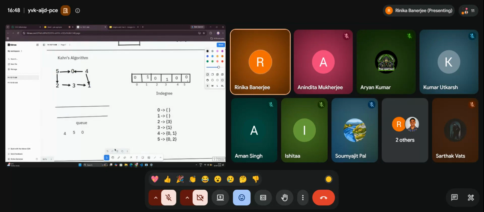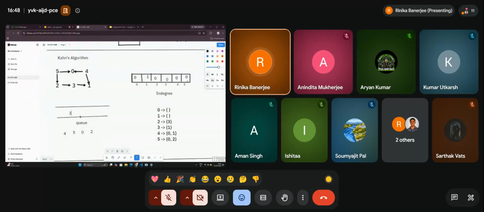Now I have to check on whose in degree 2 is contributing. From 2, we can reach 3. So I'll reduce the in degree of 3 by 1. So it will become 0. Now I'll push 3 into the queue.